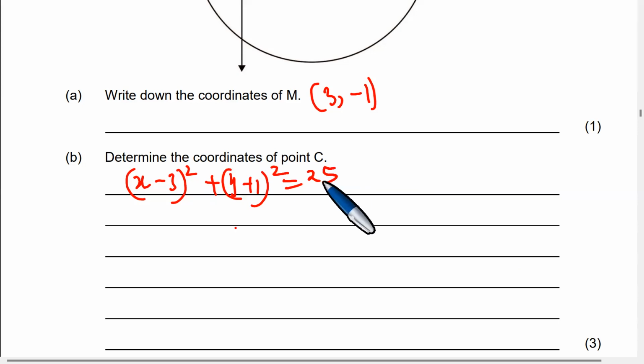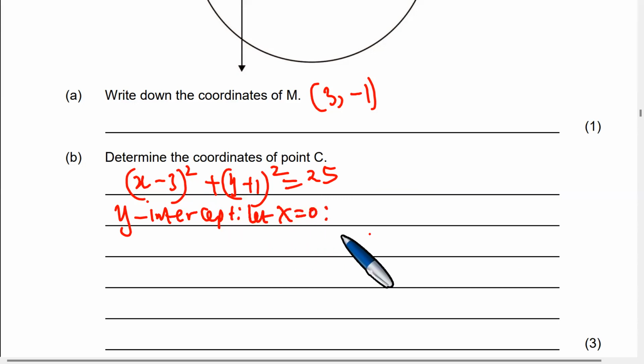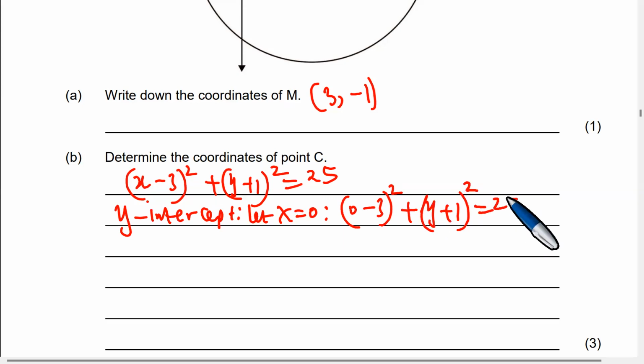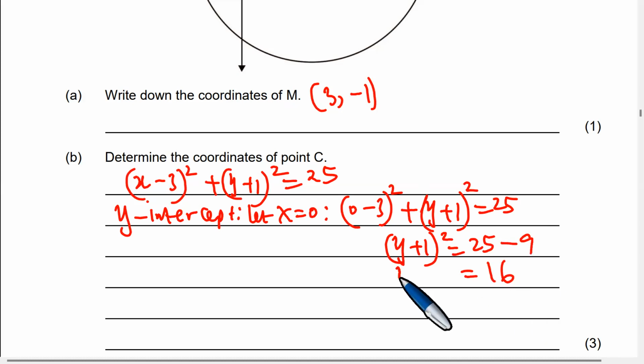Please, we can't falter. To get the y-intercept, what do we do? You let x be 0. You have this one, which is 25 minus 9. What is 25 minus 9? 16.